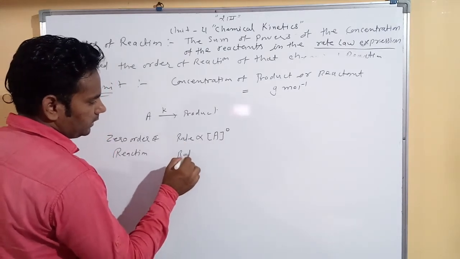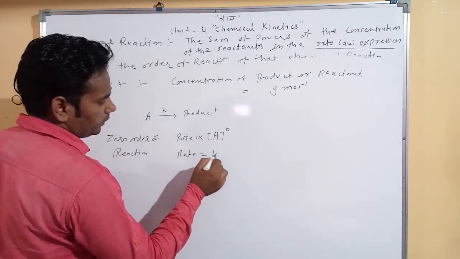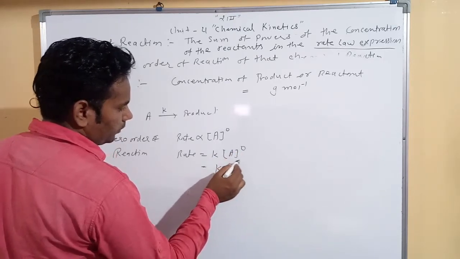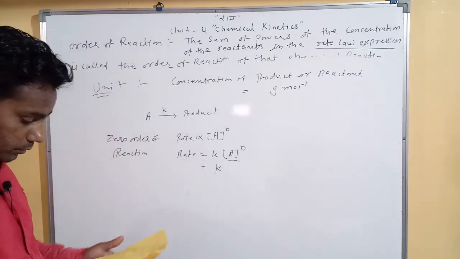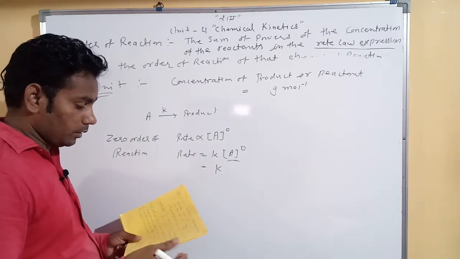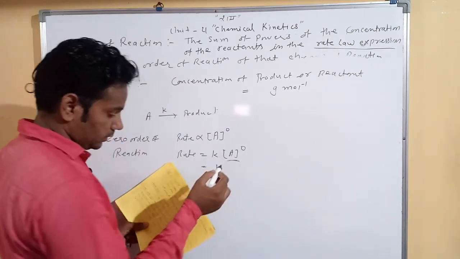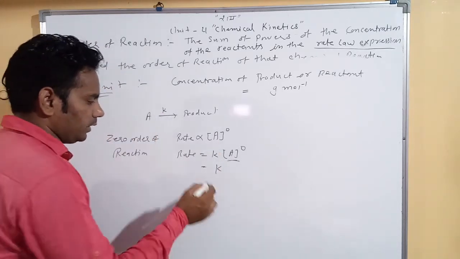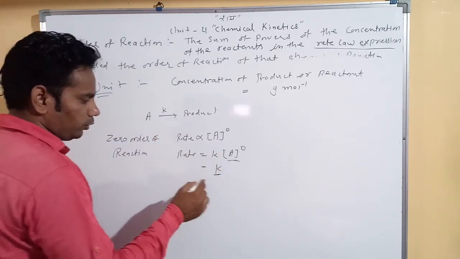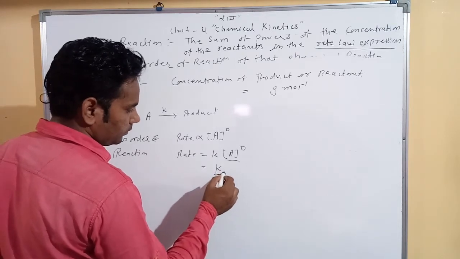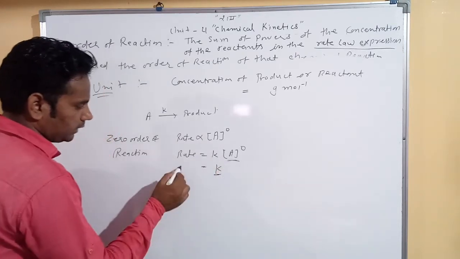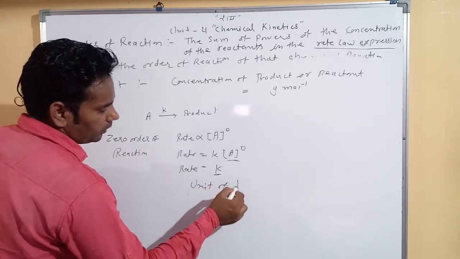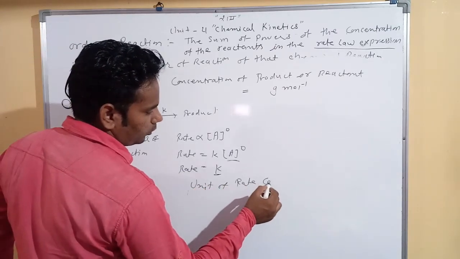So rate is equal to K times A to the power 0. So you know the unit of mole. What is this? Okay, the unit of rate constant, because here nothing is present.